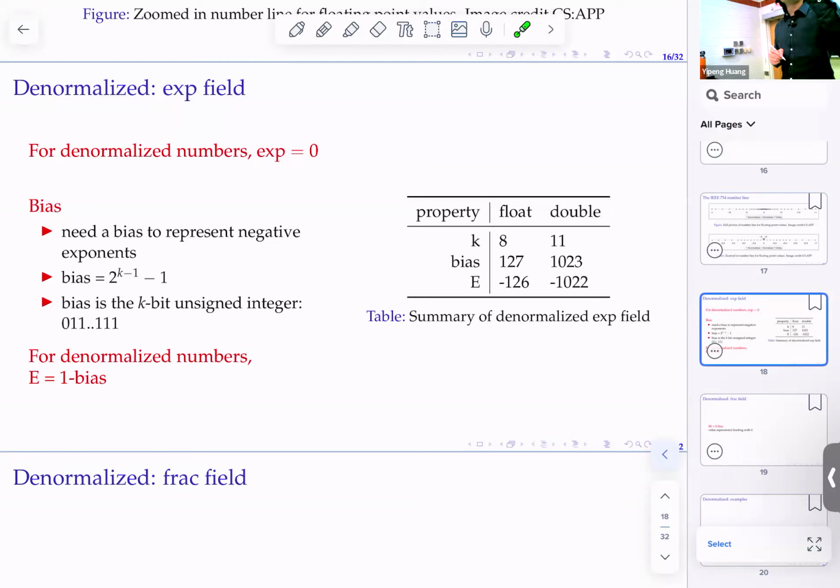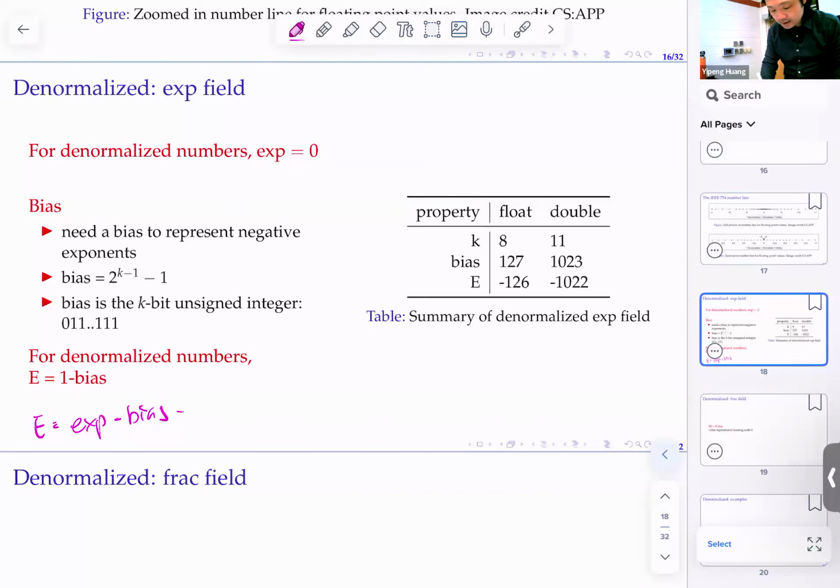Yeah, E was EXP minus bias. This is to contrast. I'm going to write this down, and then I'm going to erase it so you don't get confused. For normalized numbers, the rule was EXP minus bias. Now we're switching to the rule being 1 minus bias.